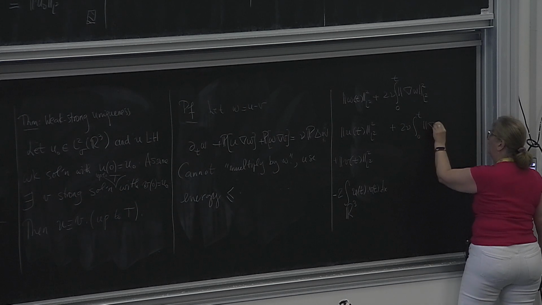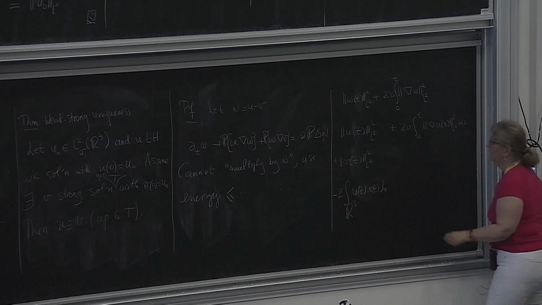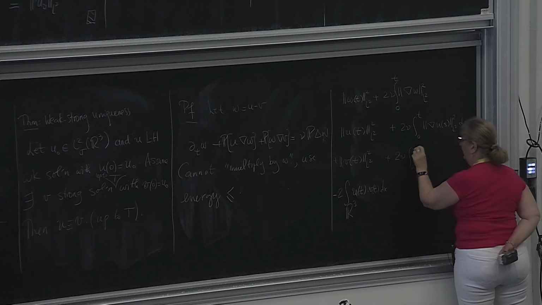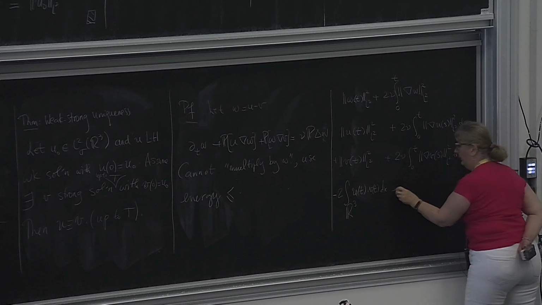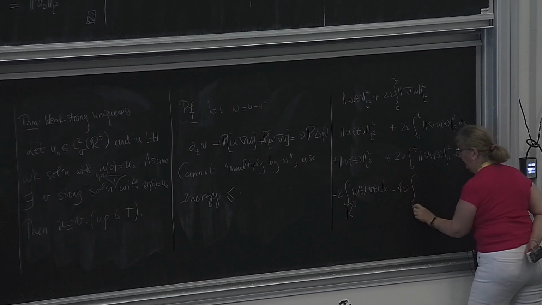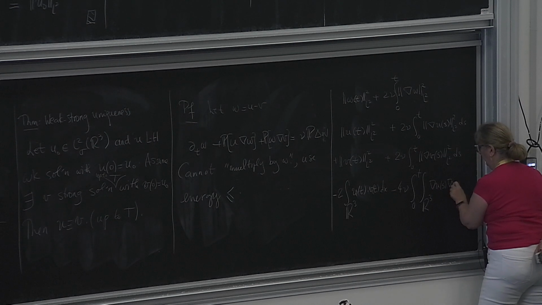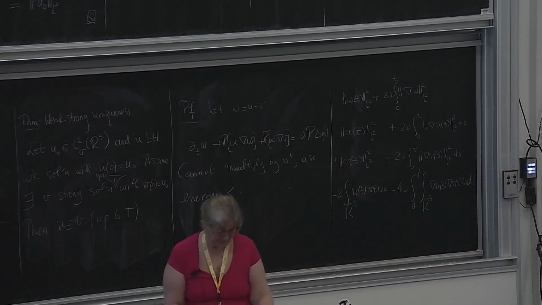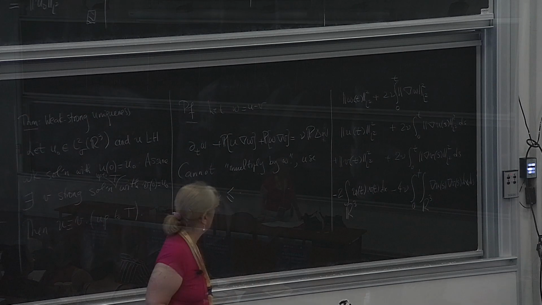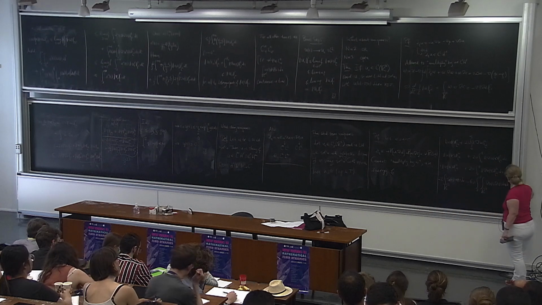Again, I'm going to get the gradient of u in L2 squared plus the gradient of v in L2 squared minus 4 nu integral from 0 to t of the gradient of u, gradient of v. Okay? So let me keep this for a moment.